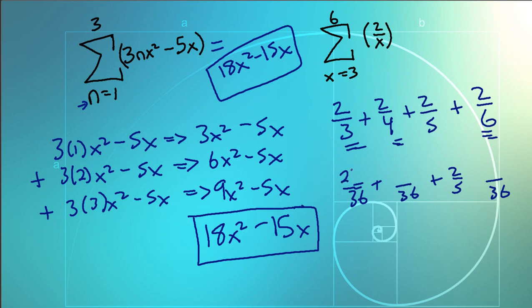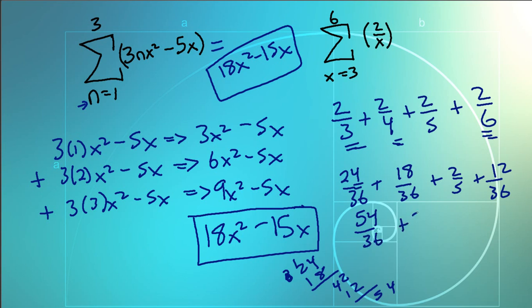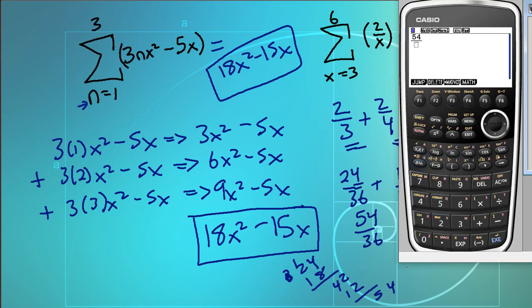So times 12 right here, times 9, times 6. And I'm going to add up all the ones that have to do with 36. So with the denominator of 36, I have 24 plus 18, 42, and then 12, 54. So I have 54 over 36 plus 2/5. I'm hoping that I can reduce this. 54 over 36, I can definitely divide that by 2, but maybe more.